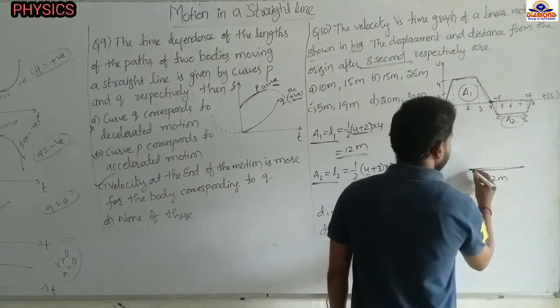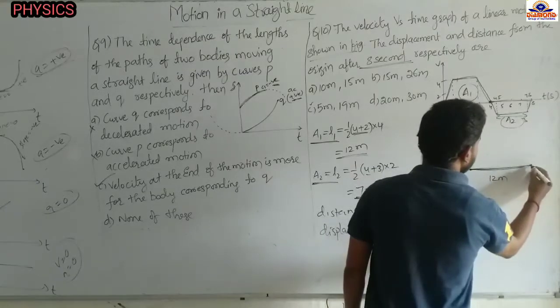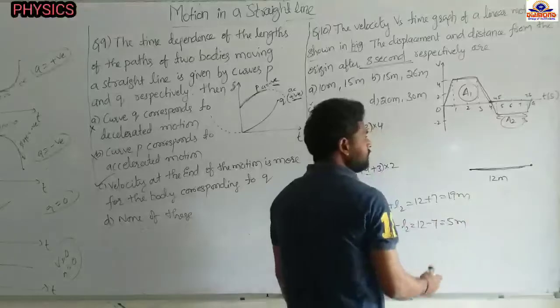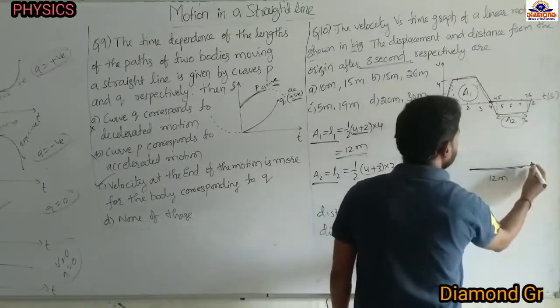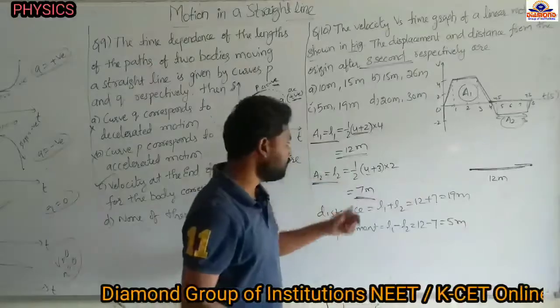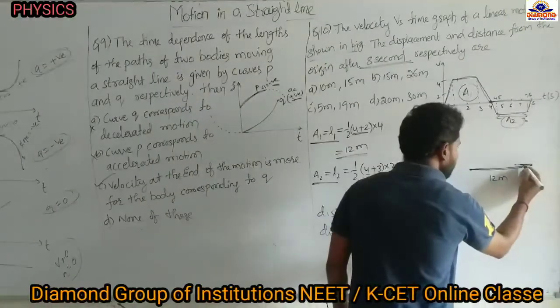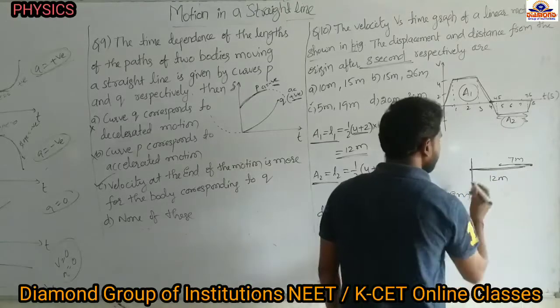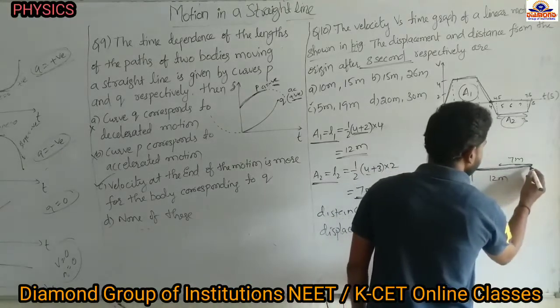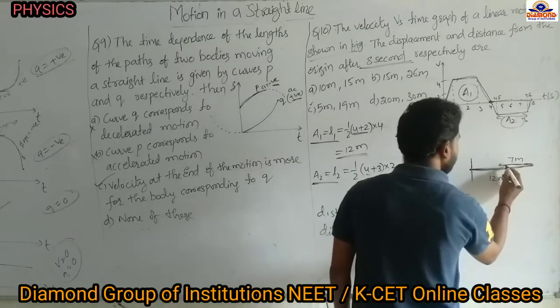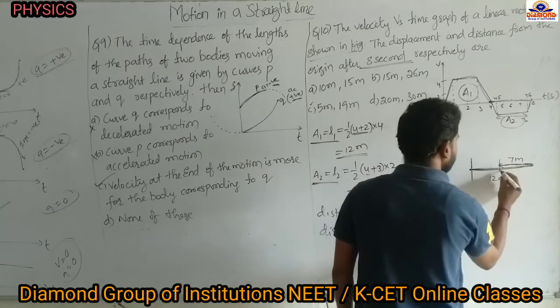So after traveling 12 meters the velocity becomes 0 and it changes its direction and moves back toward its initial position. How much distance is covered here? L2 equals 7 meters. This is the starting point, it moved 12 meters, the velocity became 0, and after that it returned and traveled 7 meters.